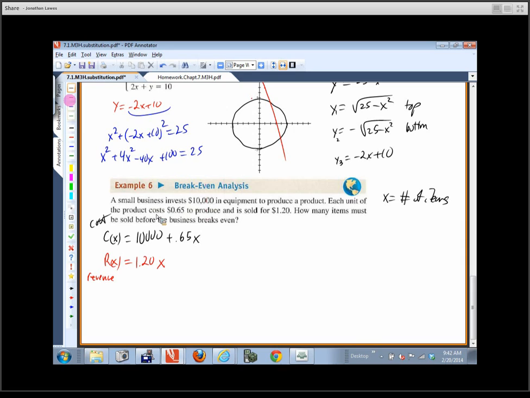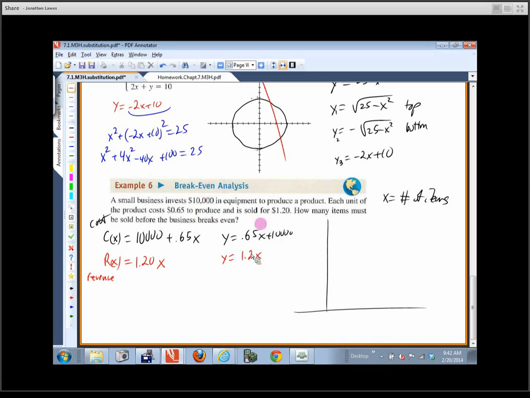So if you think about this, I'm going to rewrite these. I'm going to write y equals 0.65x plus 10,000. And on this one, I'm going to write y equals 1.2x. What shape are both of these? Both of them are lines, right?